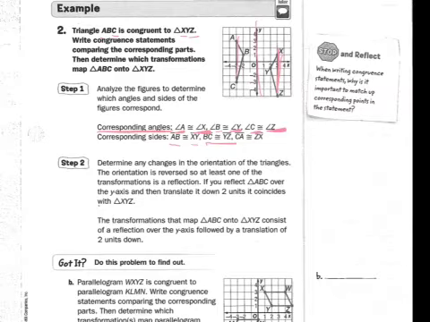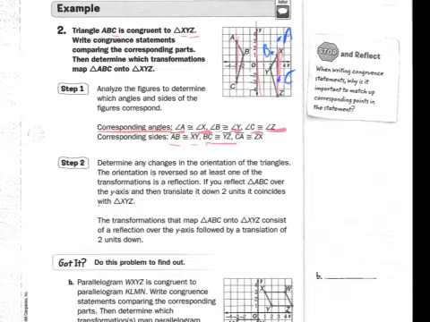Now if I flip ABC over the y-axis, there's where A would land, and then B would land here, and then C would land there.